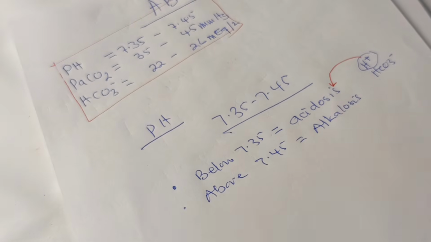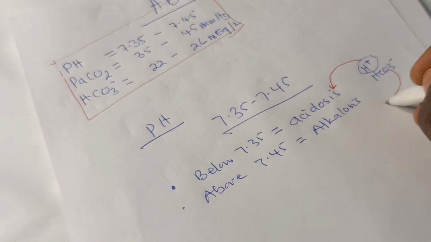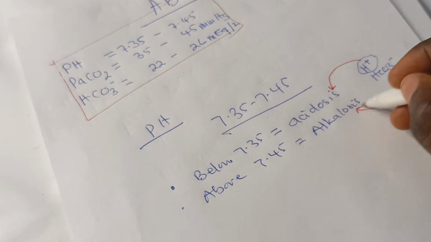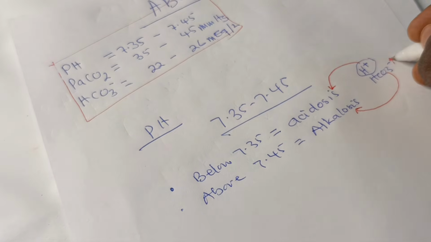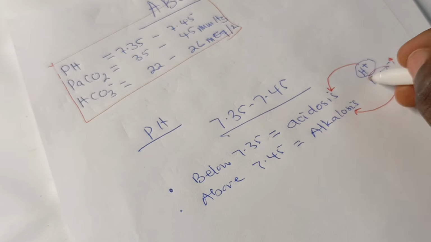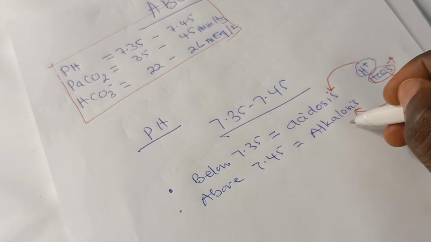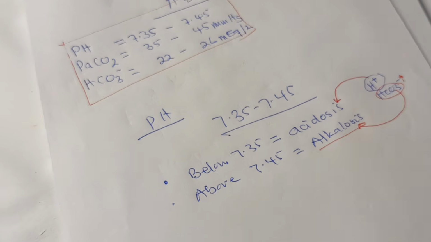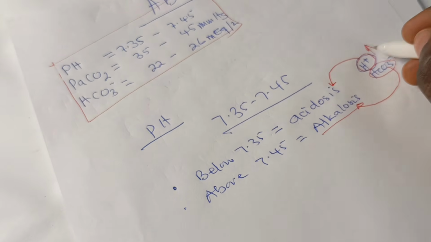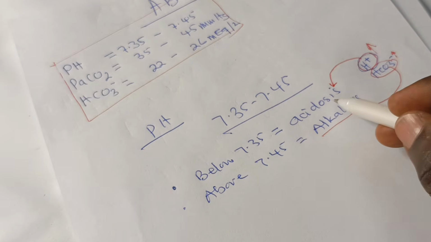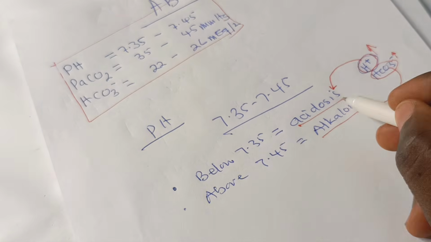And if we have too much base, the HCO₃ is a base. So if this one is high, what you have is alkalosis. You have a condition called alkalosis. And if a person has the H ions too much, the condition is called acidosis.